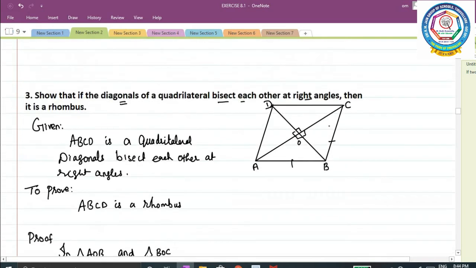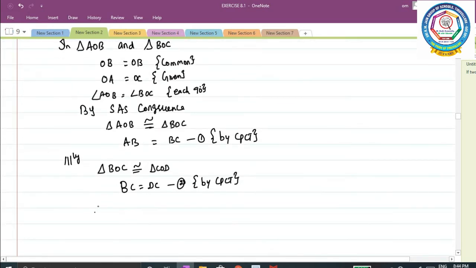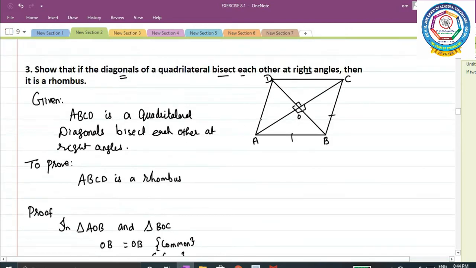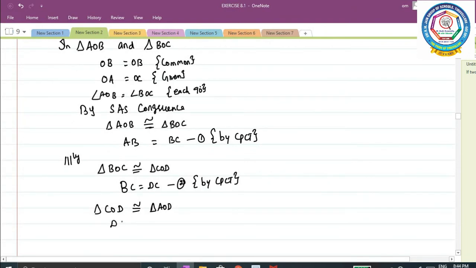The next triangle COD and AOD. Triangle COD is congruent to triangle AOD. So both triangles are congruent by CPCT. DC is equal to AD.